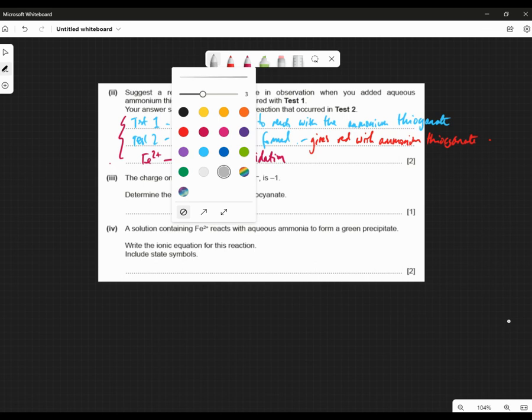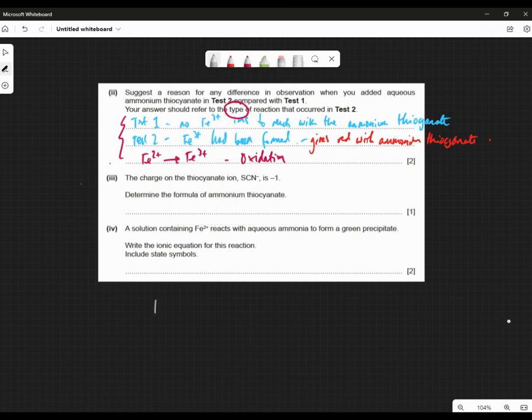You could have put it all in one package and said the Fe2+ ions were oxidized to Fe3+ ions in test 2. All of that says everything you need. Okay, it wanted you to say why, because you've got lots of Fe3+ ions in now, and then it wanted you to mention the type of reaction. Very few of you did this nice and cleanly.